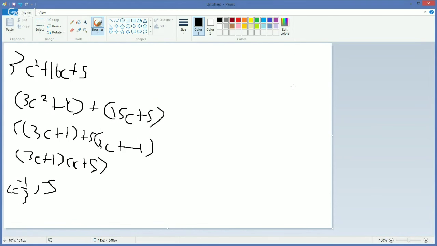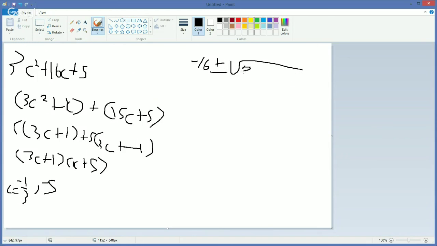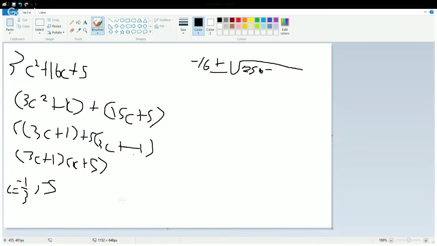Now I'm going to try it the other way just to confirm whether or not both methods reach the same conclusion. Because if they do, I'm about to give you a shortcut. I need to verify whether this works. So negative 16 minus the square root of 16 squared, which is, you get a calculator for this test, right? Yeah, good. 16 squared is 256, minus 4 times 3 is 12, times 5 is 60.